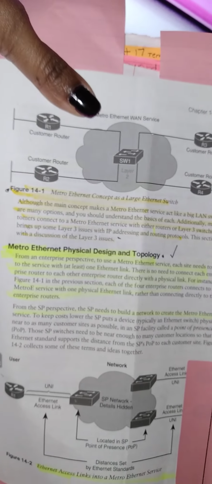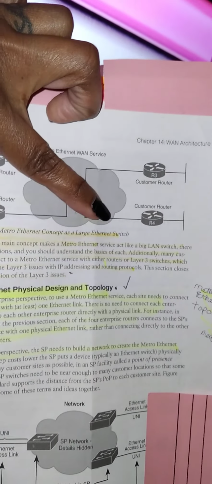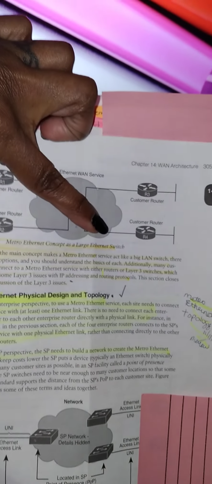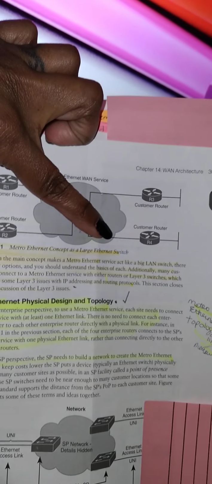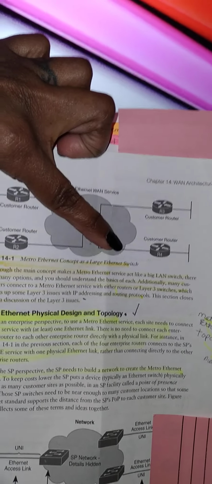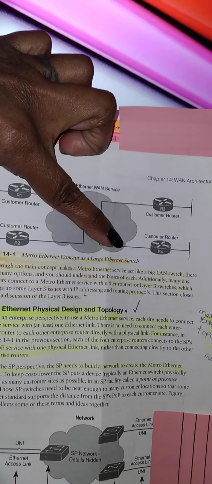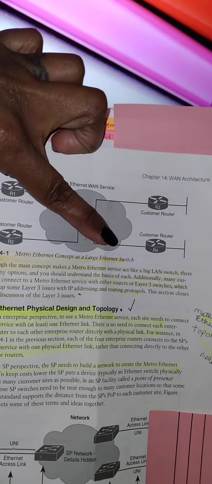So I will read. From an enterprise perspective, to use a Metro Ethernet service, each site needs to connect to the service with at least one Ethernet link. There is no need to connect each enterprise router to other enterprise router directly with a physical link.